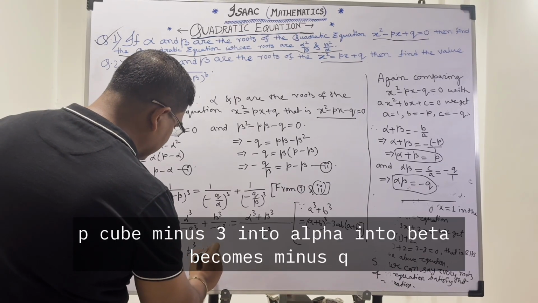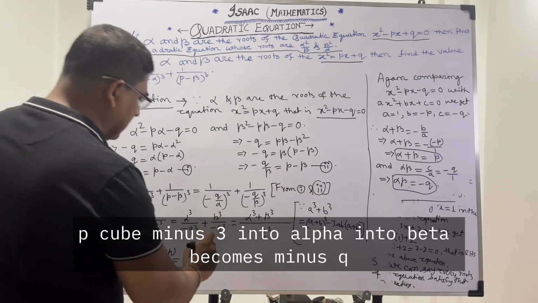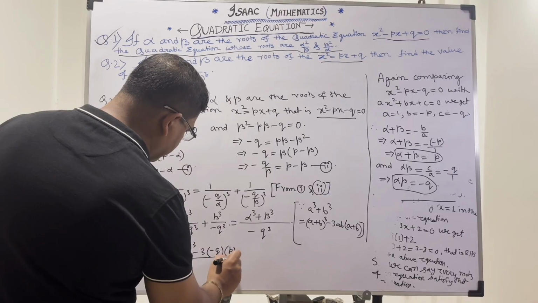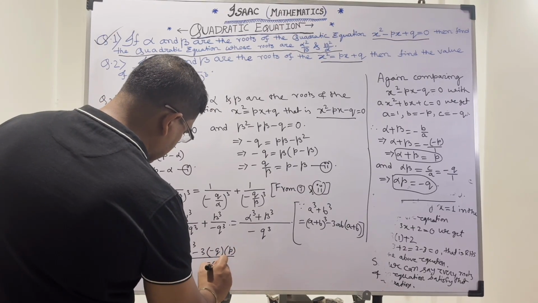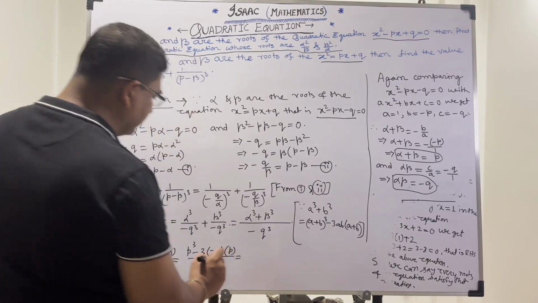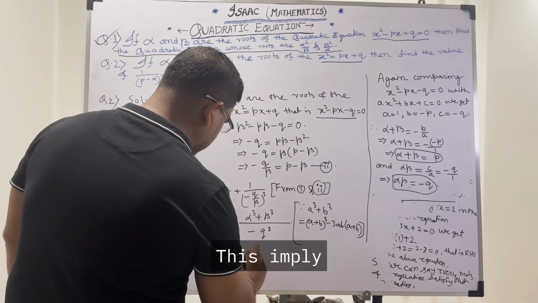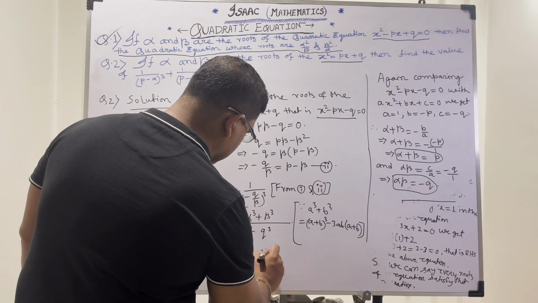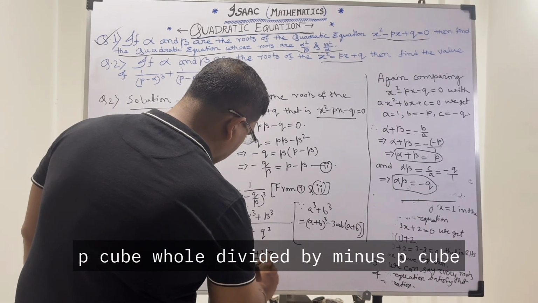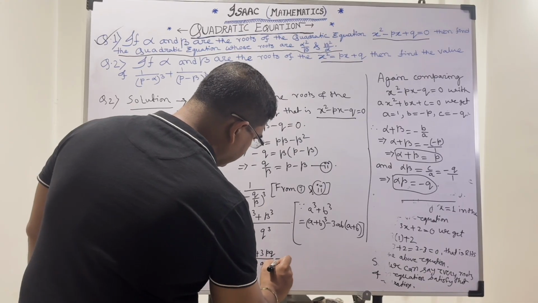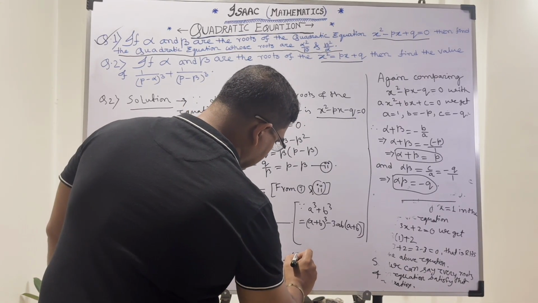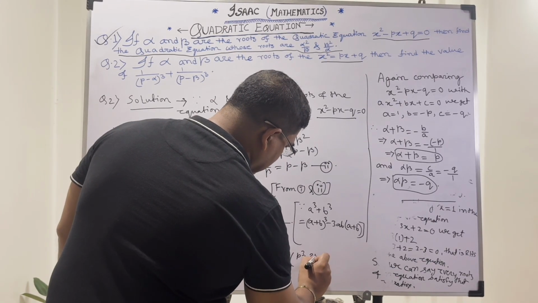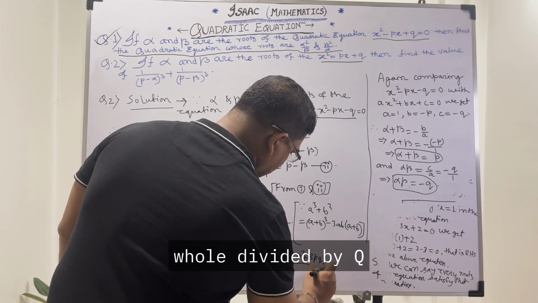P cube minus 3 into alpha into beta becomes minus q, and alpha plus beta is p, whole divided by minus q cube. This implies p cube plus 3pq whole divided by minus q. So we get minus of p cube plus 3pq whole divided by q.